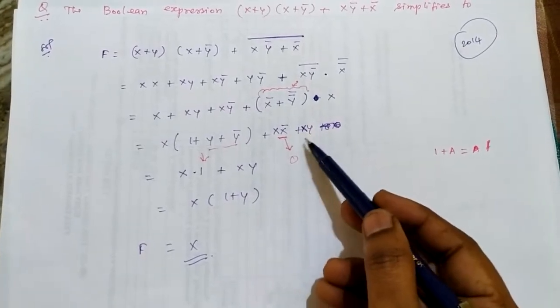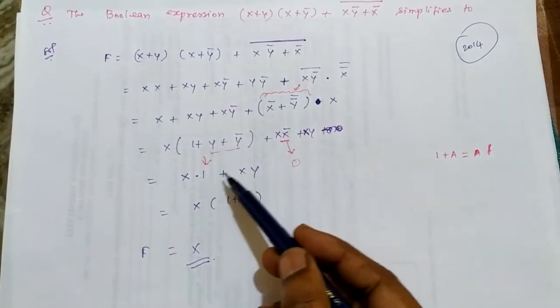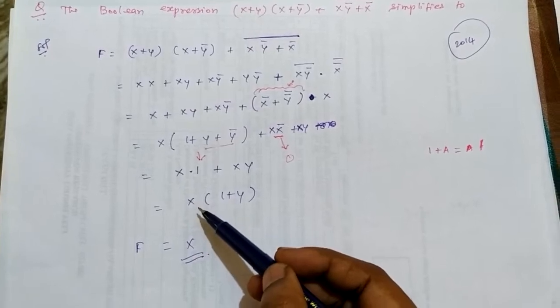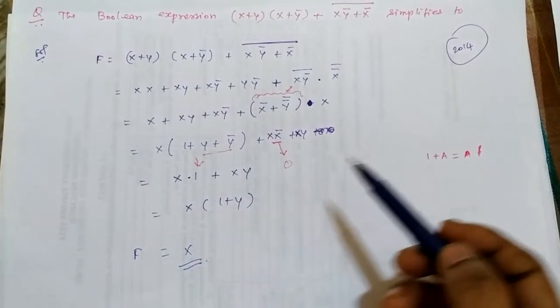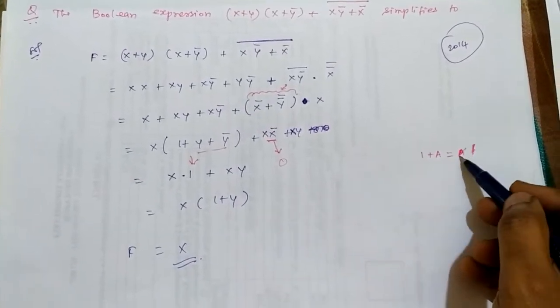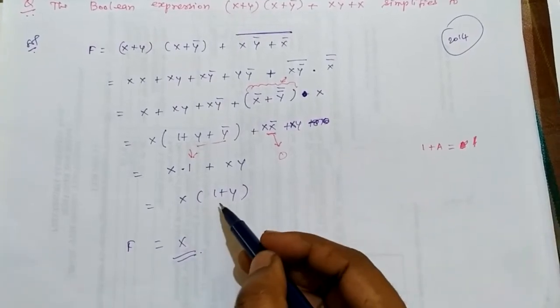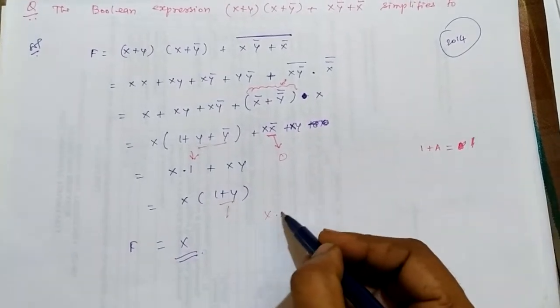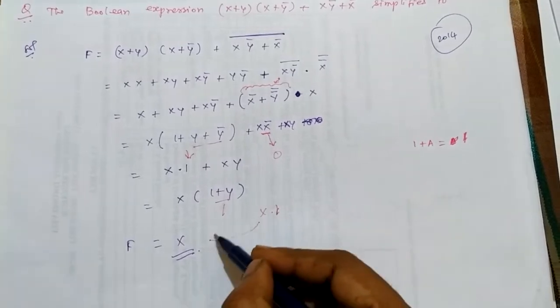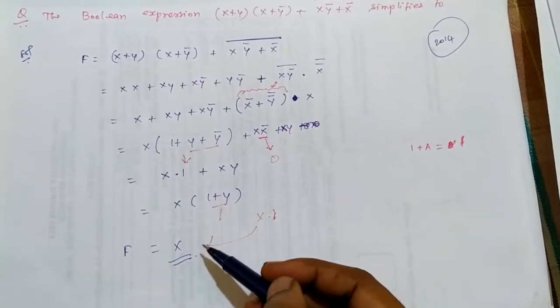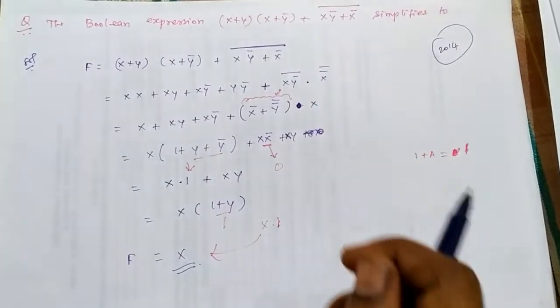We have only xy. Now here you take x outside. So 1 plus y, and 1 plus anything is always 1. So x dot 1 is equal to x. So x is the answer for this Boolean expression.